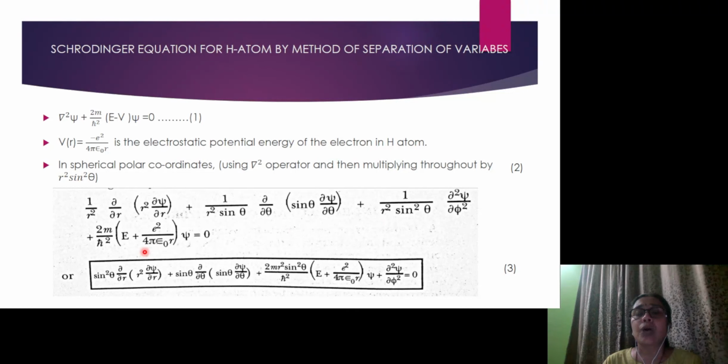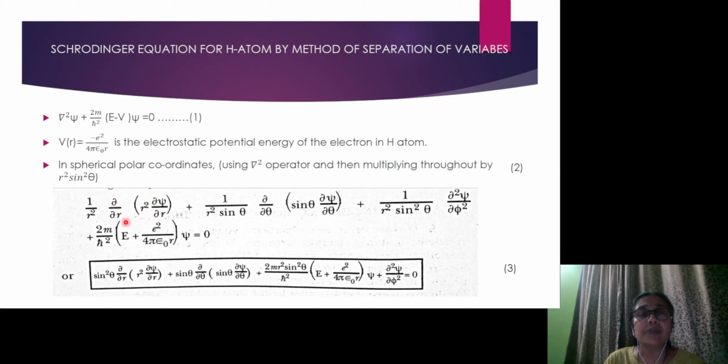Okay, so actually the procedure should be such that, see here, the phi term, if you look at the differential containing phi, then it is just del square psi by del phi square, whereas otherwise you will see that the partial derivatives contain derivatives with respect to r, as well as this r square.